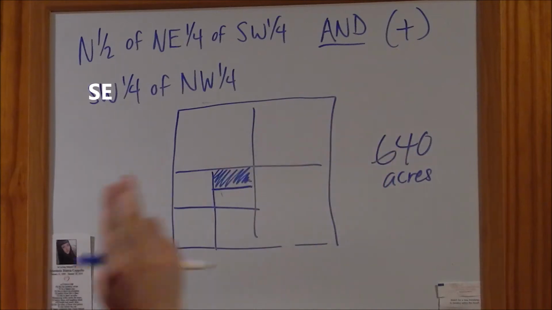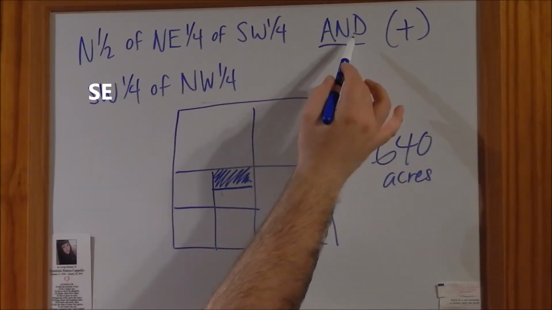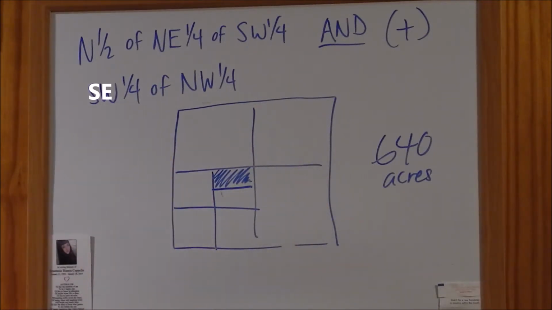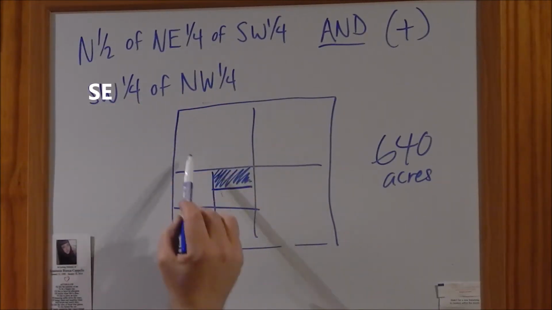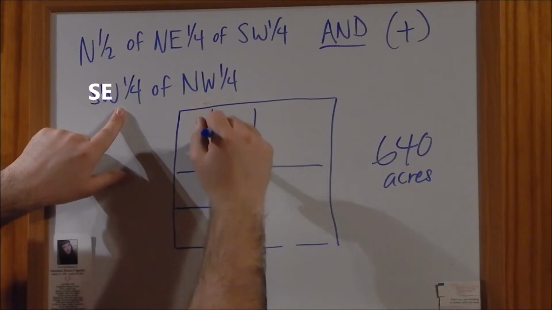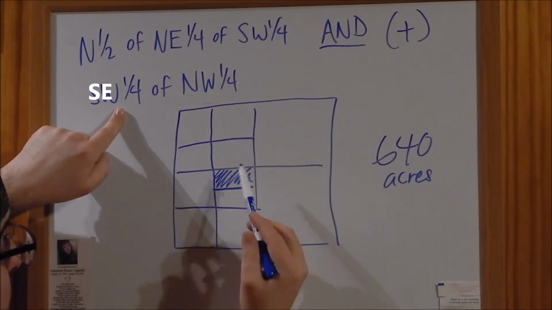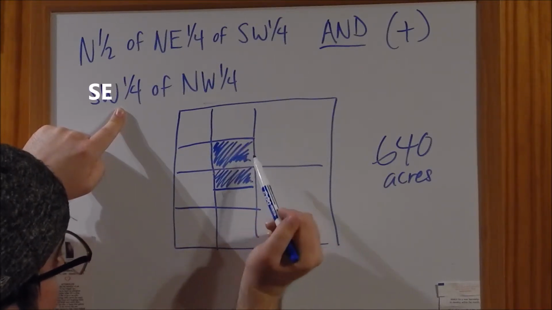And equals plus. Try to get that in your head. So this is one portion, and we have the second portion: the southwest quarter of the northwest quarter. Remember, go backwards. Northwest quarter, we're dealing with this quadrant right here. The southwest quarter. Draw quarters inside the quarter.